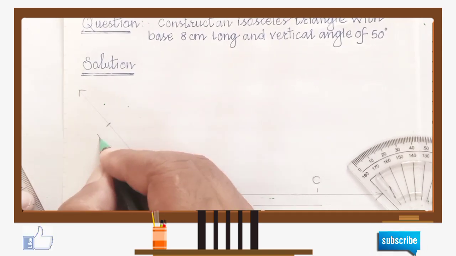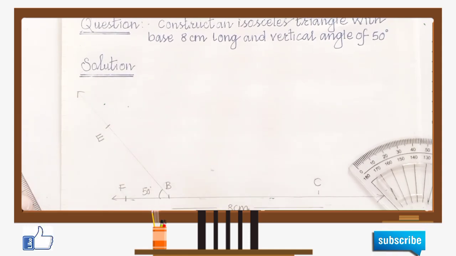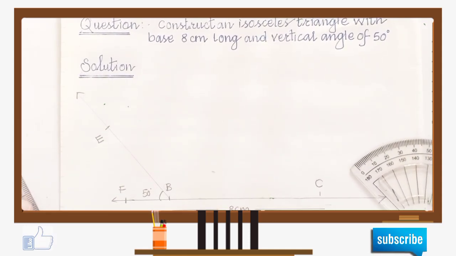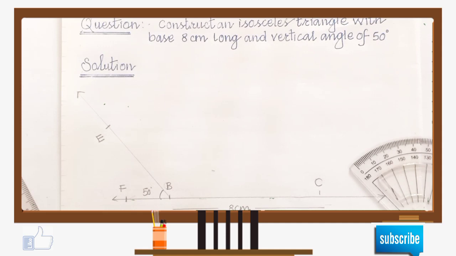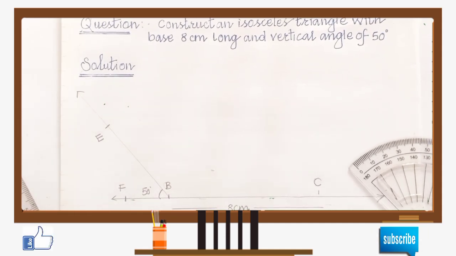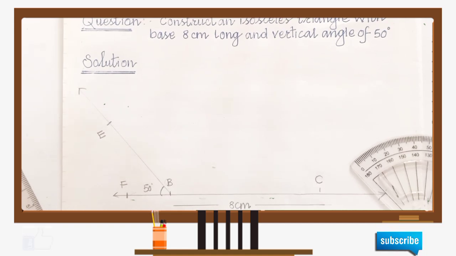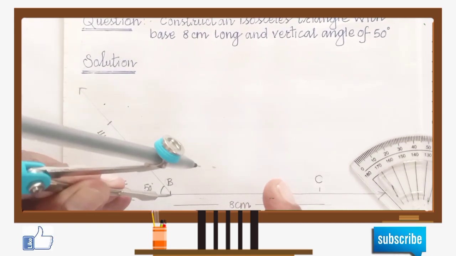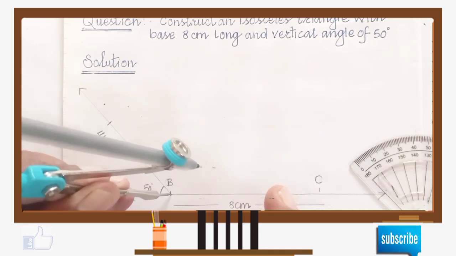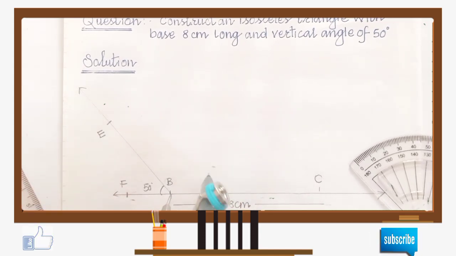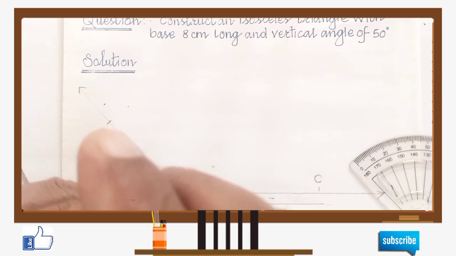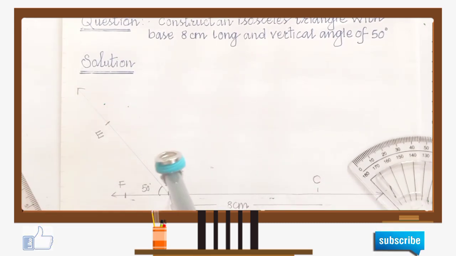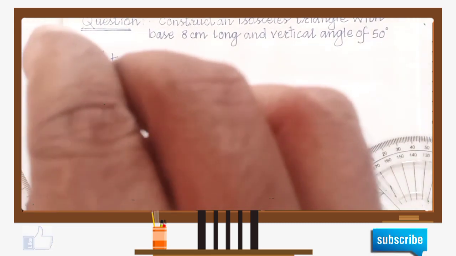You take a point E. The point E लेना है. After that, with the help of this compass, you have to draw an angle bisector. जिनको angle bisector मालूम नहीं है, we have already taken a tutorial on this angle bisector. You can see that video. So for that you draw angle bisector. You draw in this way.